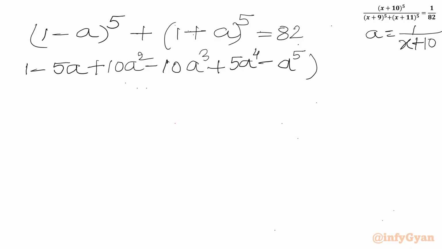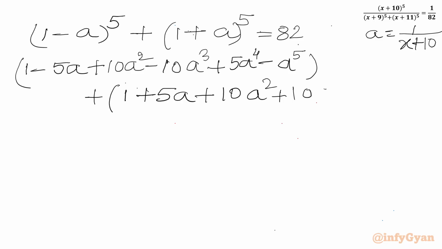This is the expansion for (1-a)^5. Now I will add (1+a)^5. We can write 1 + 5a + 10a^2 + 10a^3 + 5a^4 + a^5, and RHS will be 82.